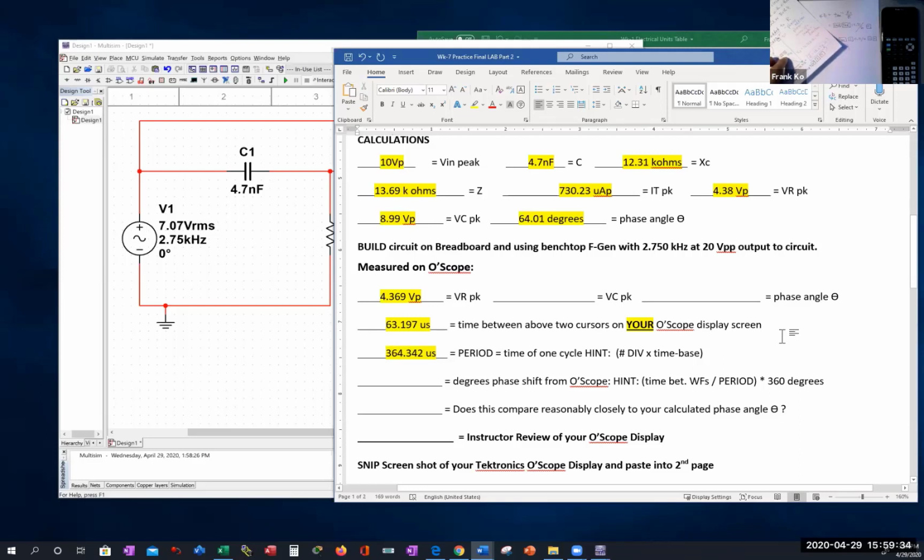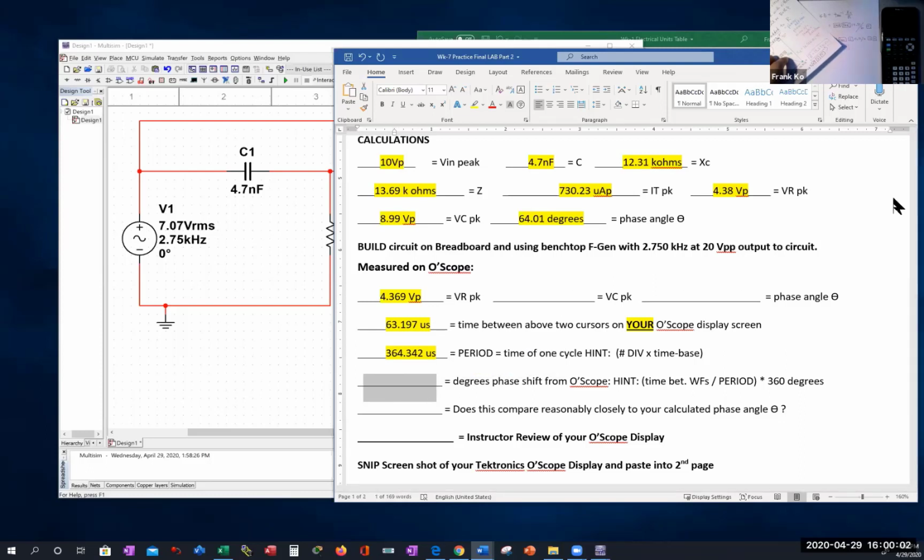Now, what is my degree shift between these two? The degree shift will be the time between the waveforms divided by the period. In other words, this number divided by this number. Now these are both in microseconds, so the microseconds will cancel. Let me just fill this in for you.